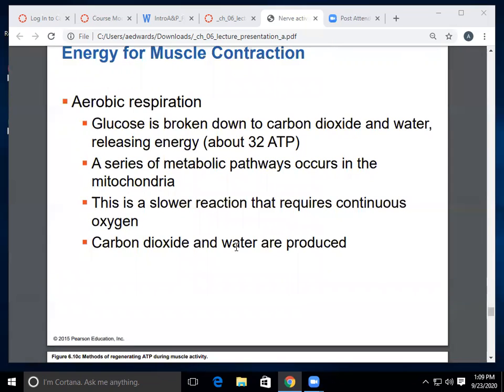Remember we said that the mitochondria is the powerhouse of the cell, makes the ATP. And it's a much slower reaction because there's lots of steps involved. And you need lots of oxygen for this. And your products, again, water and carbon dioxide.